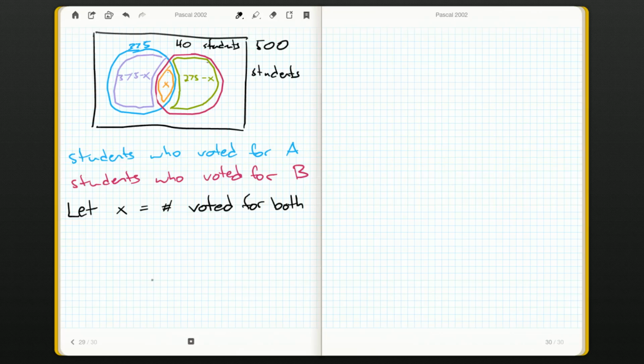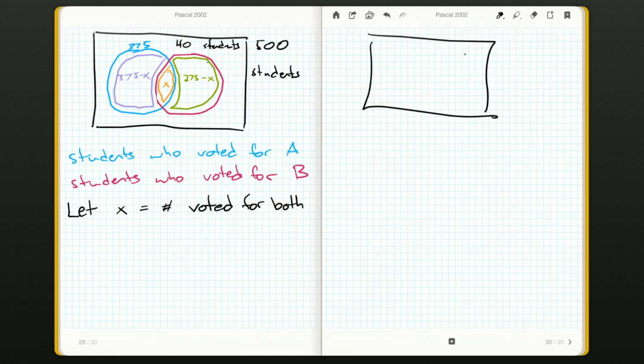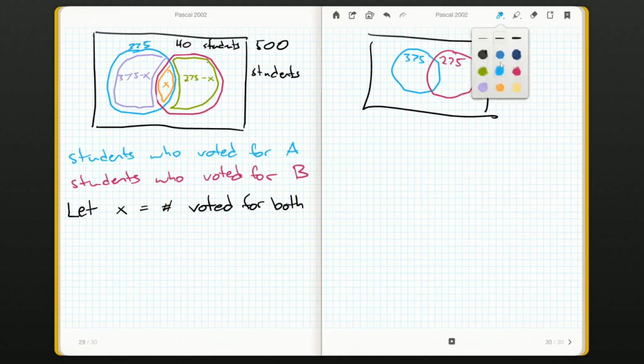Okay? So if I just quickly sketch this before, the reason we couldn't add them up beforehand is because of that pesky overlap, the very thing we're trying to work out. All right, we have 275 students here, we have 375 here, and 40 here. You would think that this should add up to all the students.